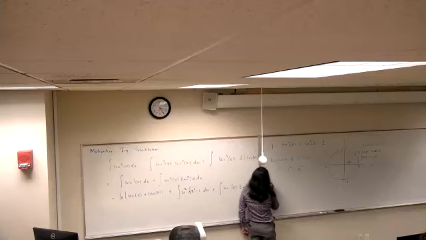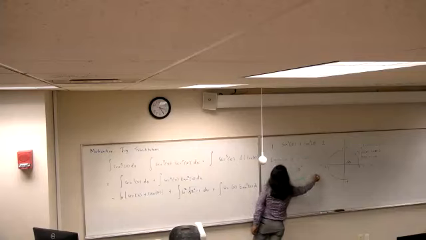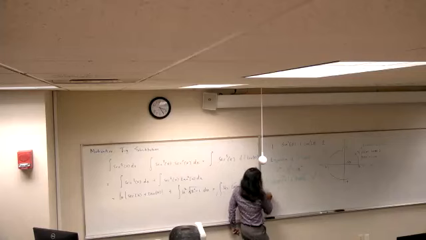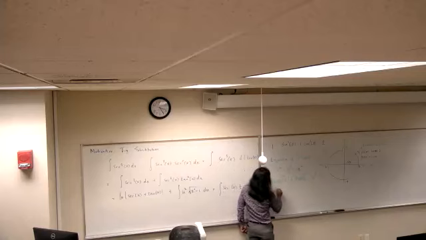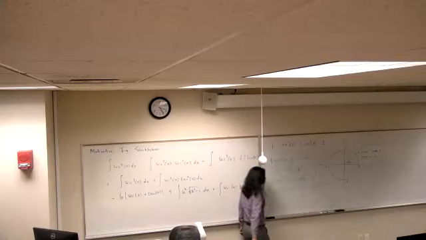If I plug in a cosine theta squared, a sine theta squared equals a squared. A squared cosine squared theta plus a squared sine squared theta equals a squared.